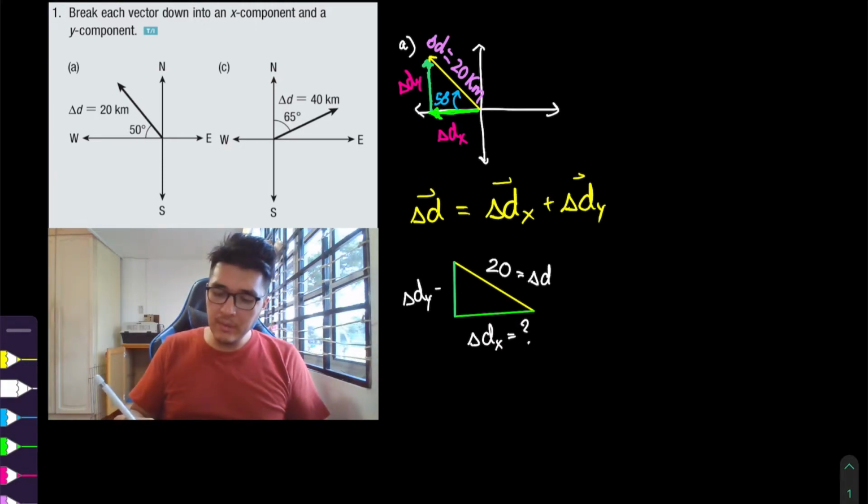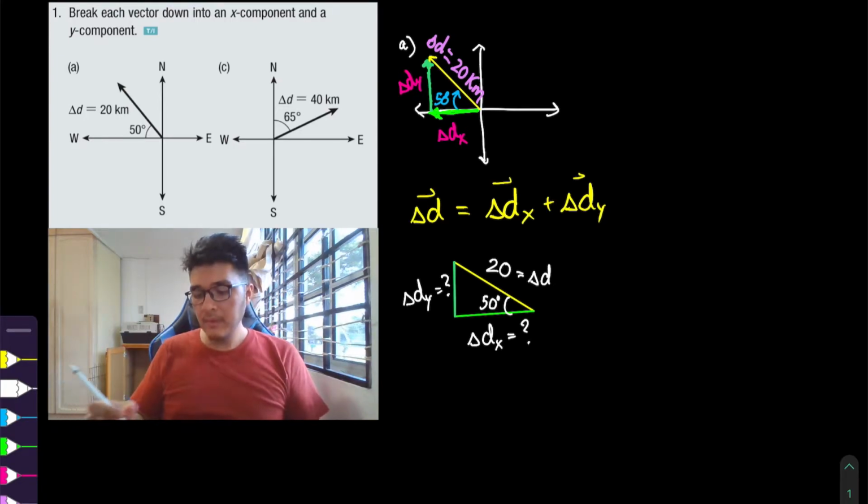And delta dy we don't know as well. But we do know that this angle that was given to us is 50 degrees. Now by construction, because the x and y coordinate system is perpendicular, we have a right angle triangle. This makes it easy because now we can just use SOHCAHTOA, the sine, cosine, and tangent ratios.